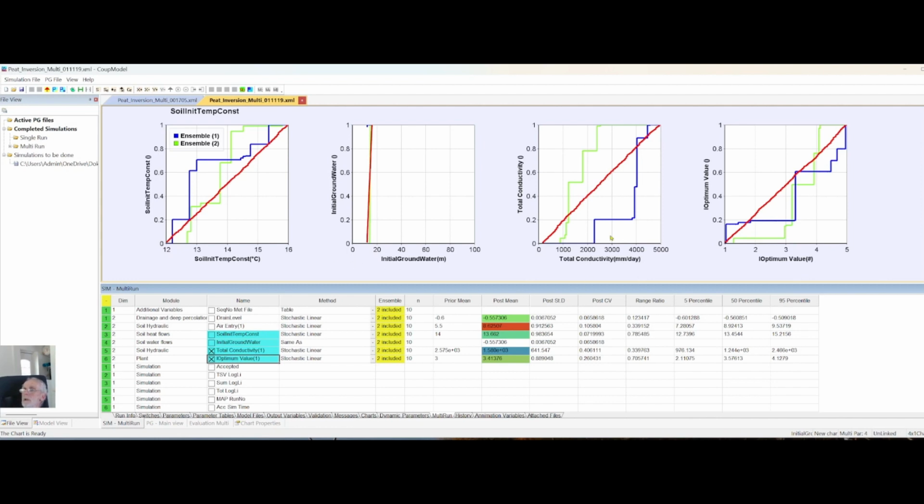And then we see that the total conductivity is also quite different for the 2 ensembles. Ensemble 1 with the high and the other with the low. So they may indicate that we have different hydraulic conductivities at 2 locations, but it can also be some other parameters that are connected to that.